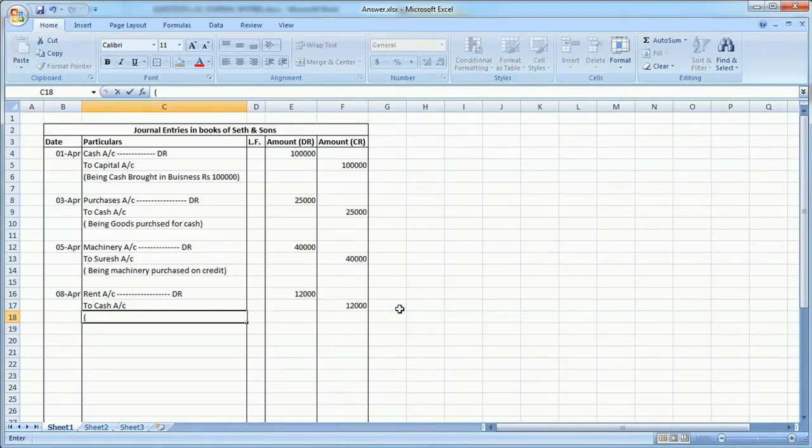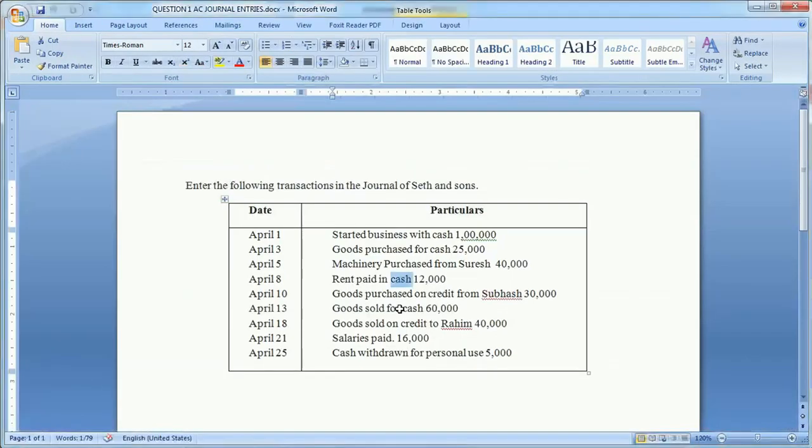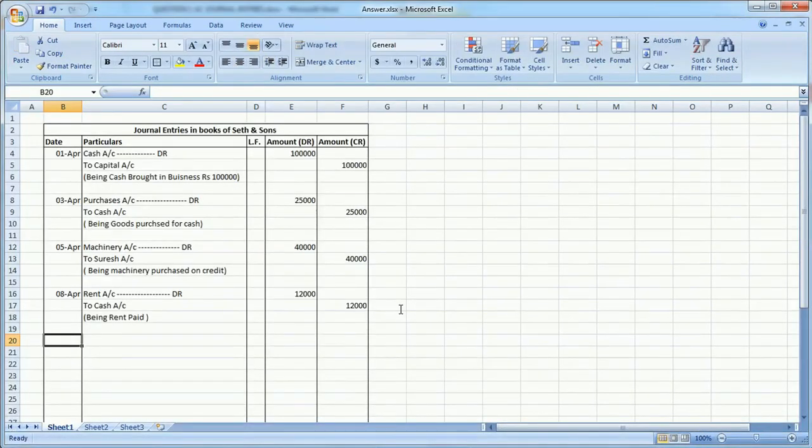Narration will be being rent paid. Okay, here the fourth adjustment is also complete.